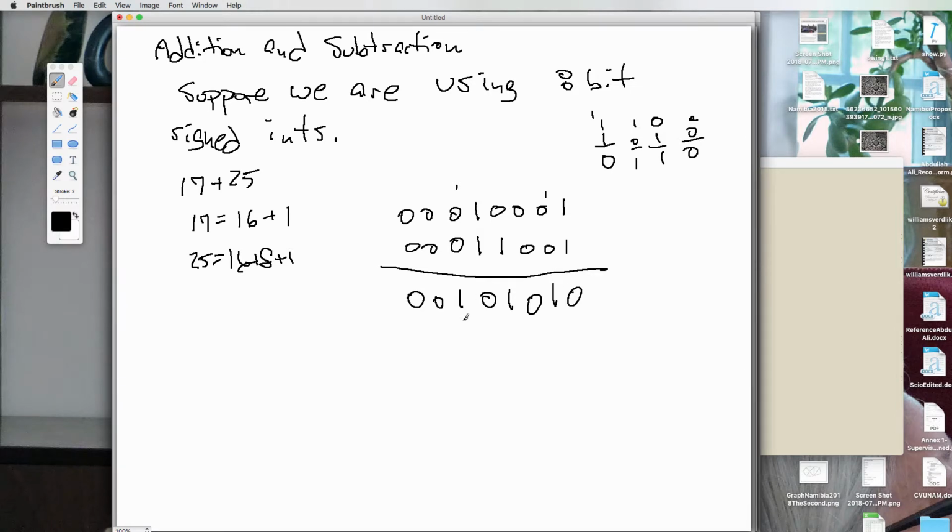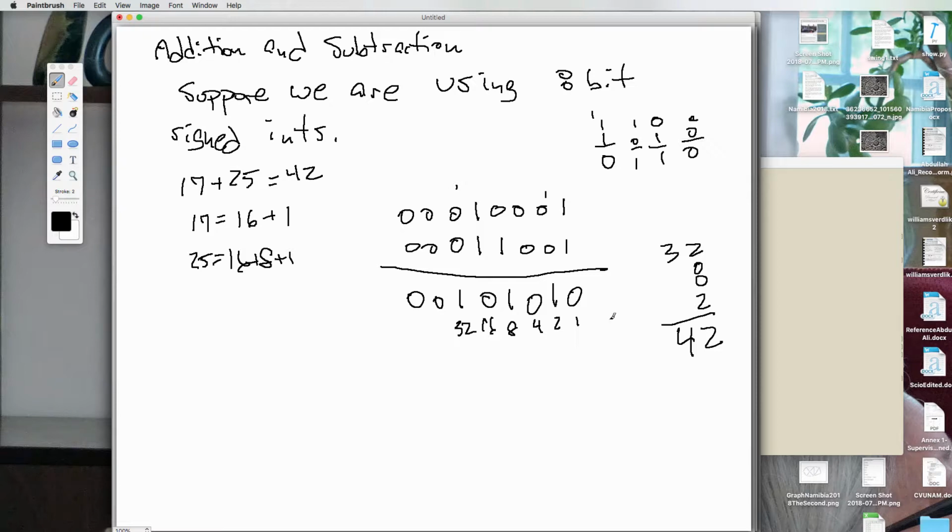So let's take a look at what's going on over here. That's a 1, a 2, a 4, an 8, a 16, a 32. So it looks like it's 32 plus 8 plus 2. So that's 8, 9, 10, 11, 12. Carry the 1. That's 42. And sure enough, 17 plus 25 does equal 42. So that seems to work.